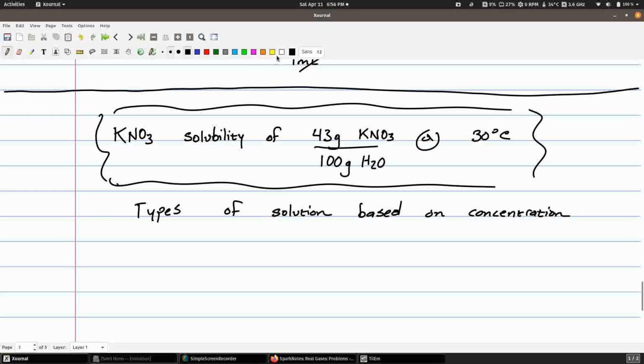The type, and then the amount or concentration, is just the amount of solute. All right, so you have saturated, unsaturated, and supersaturated.